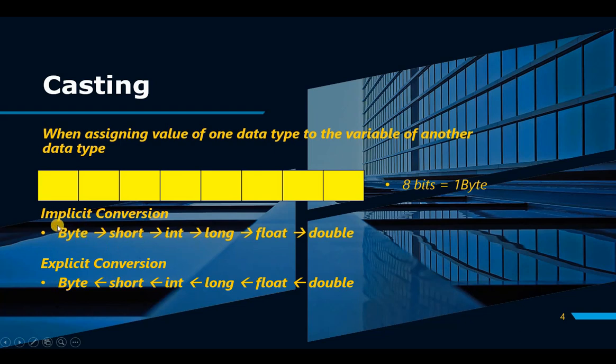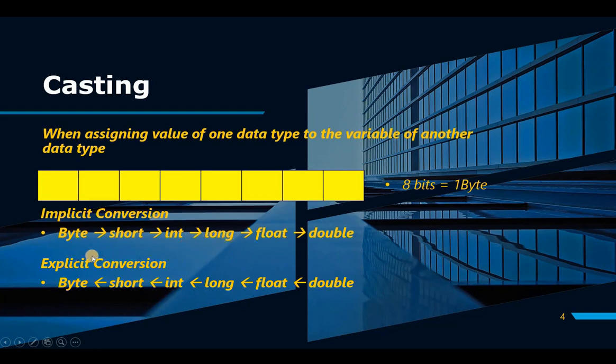If I take data from a byte and put it inside a short, it's perfectly happy. It is not going to complain because I'm giving it more room at the short level. If I go from a short to an int, now I'm going from 2 bytes to 4 bytes. It's perfectly happy again because a data type of 2 bytes will gladly fit inside a data type of 4 bytes, because it has more room to maneuver.